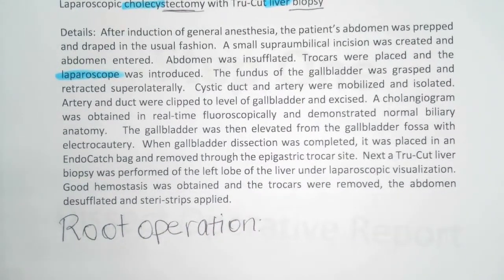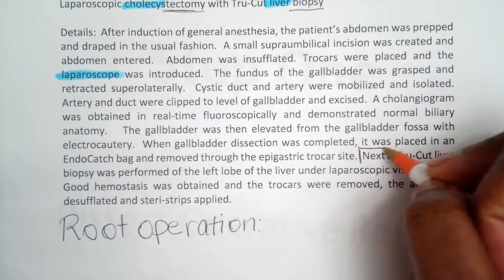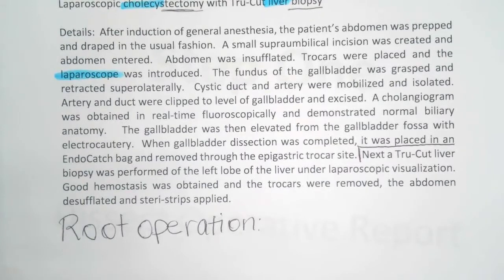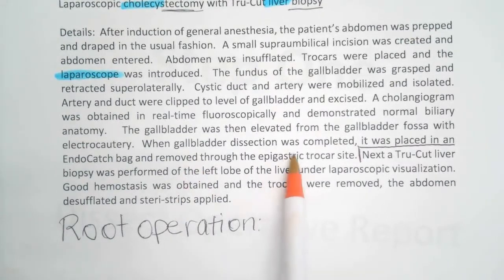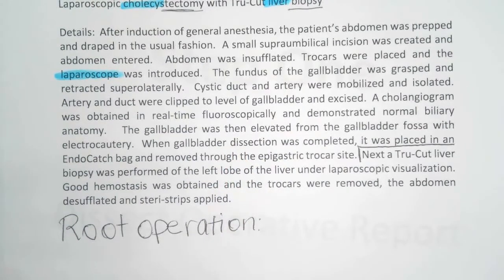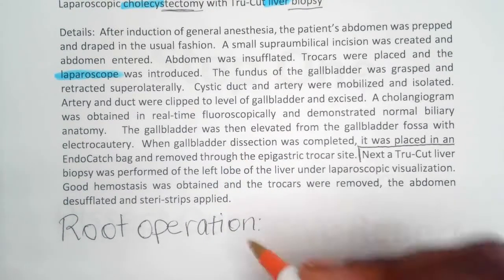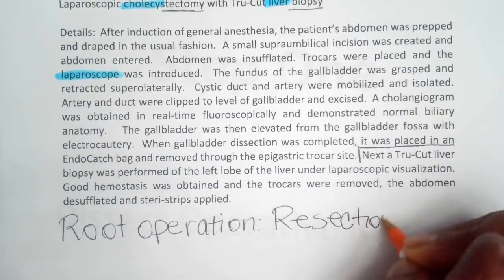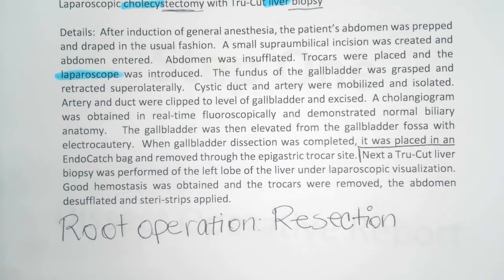Well, for the first part of the procedure, and let me just let you know I stopped right here, I have found that the gallbladder was taken out. The documentation did not say that it was part of the gallbladder, it was all of the gallbladder. And in ICD-10 PCS language, that's coded to the root operation of resection.